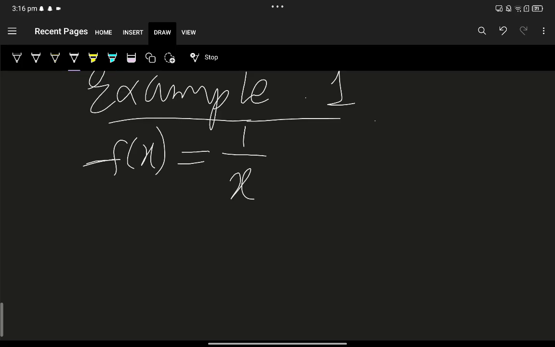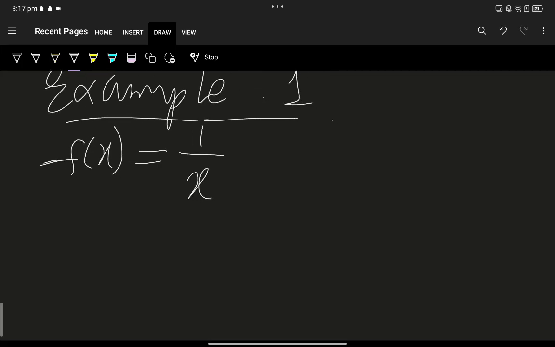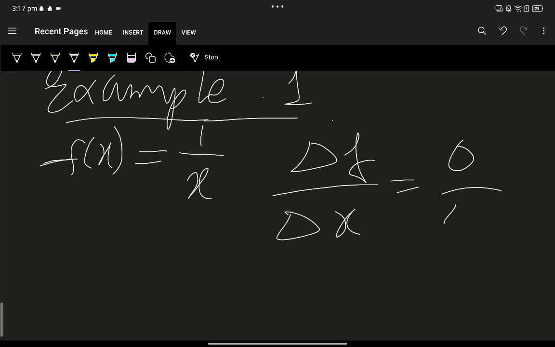If you do this, however, you'll always end up with delta f by delta x as 0 upon 0.